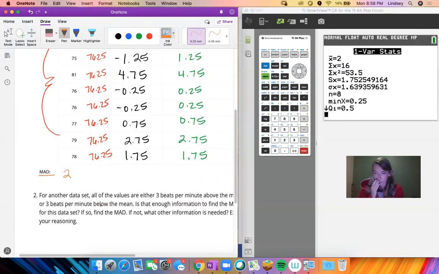So the mean absolute deviation. Okay, wow, that's a lot of steps to find a number. What the heck does that number even tell us?